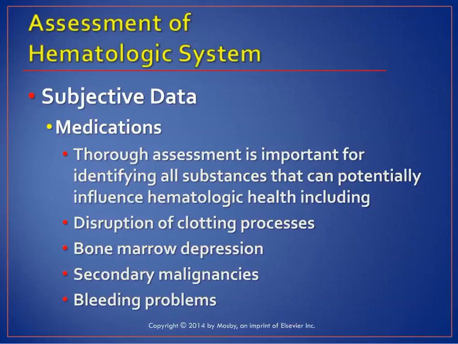So, for example, herbal therapy can interfere with clotting. Anti-neoplastic and antiviral agents might cause bone marrow depression. Previous chemotherapy, especially with alkylating agents, puts patients at a higher risk for developing a secondary malignancy of leukemia or lymphoma. And long-term anticoagulant therapy can increase the risk of bleeding problems.